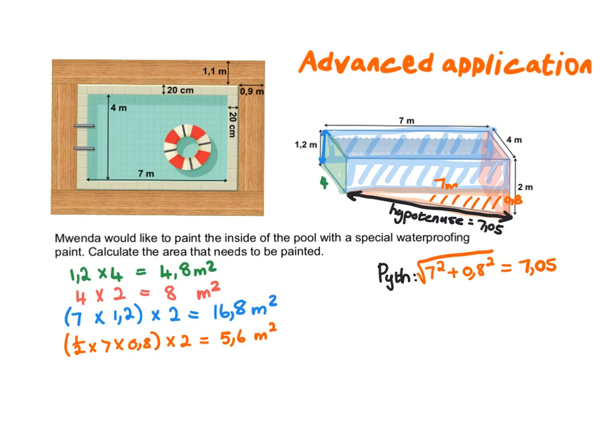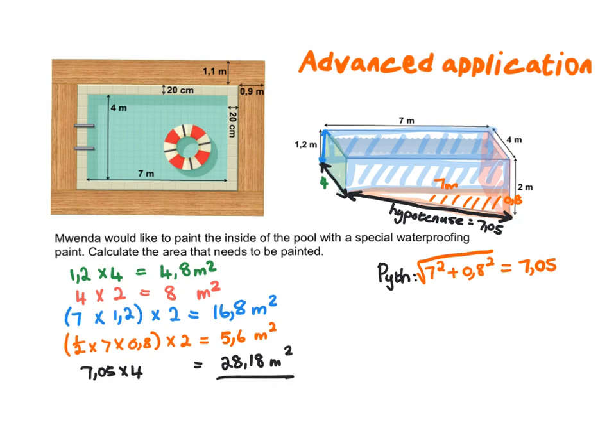So if the length of the base or the bottom of the pool is 7.05 and the pool has a width of 4 meters, then it means that that bottom rectangle will be 7.05 times 4. And that gives me an area of 28.18.